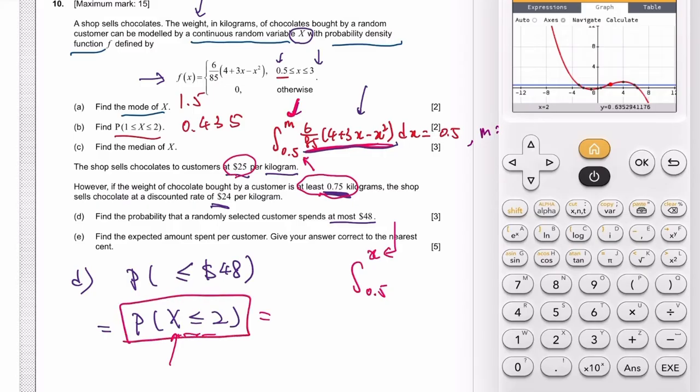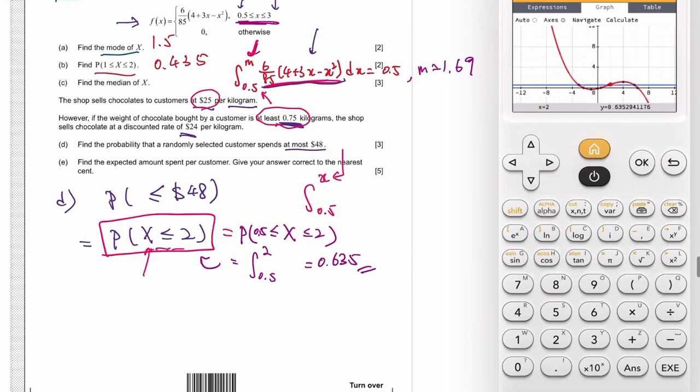Because recall that for this PDF, x is between 0.5 to 3, so less than 2 automatically means x is between 0.5 to 2, which by definition means you integrate the PDF from 0.5 to 2, which is exactly what I'm graphing. So I put in x to be 2, that's the probability. I mean, if that's too complicated for you, just graph it again and then integrate again.